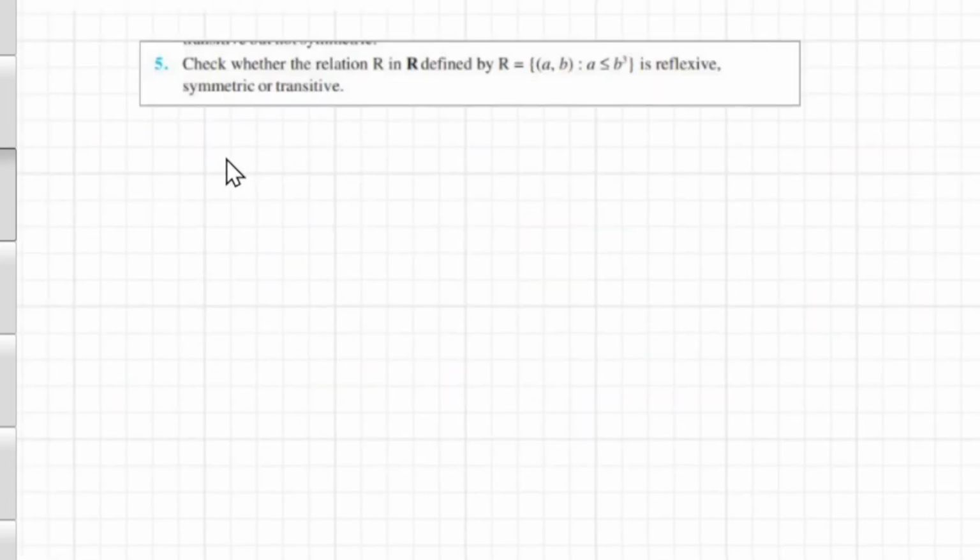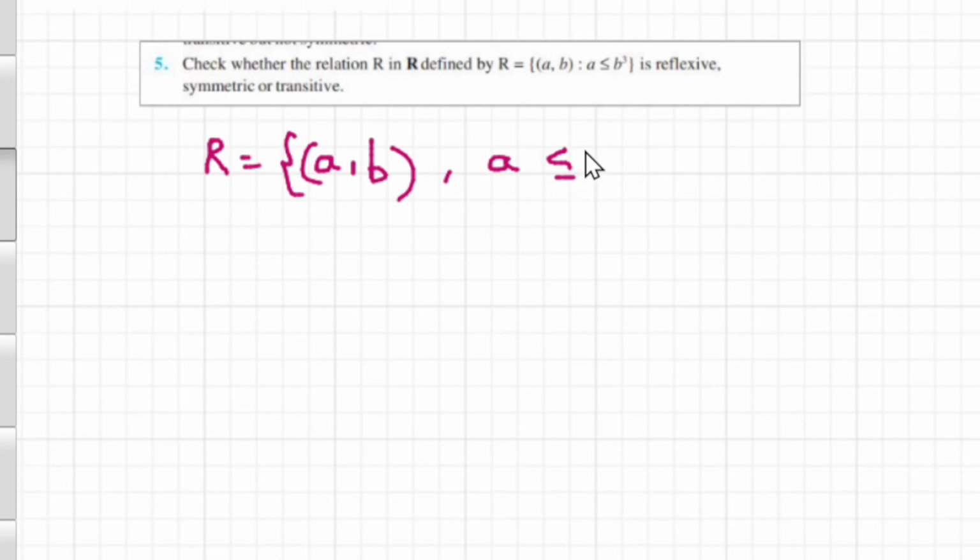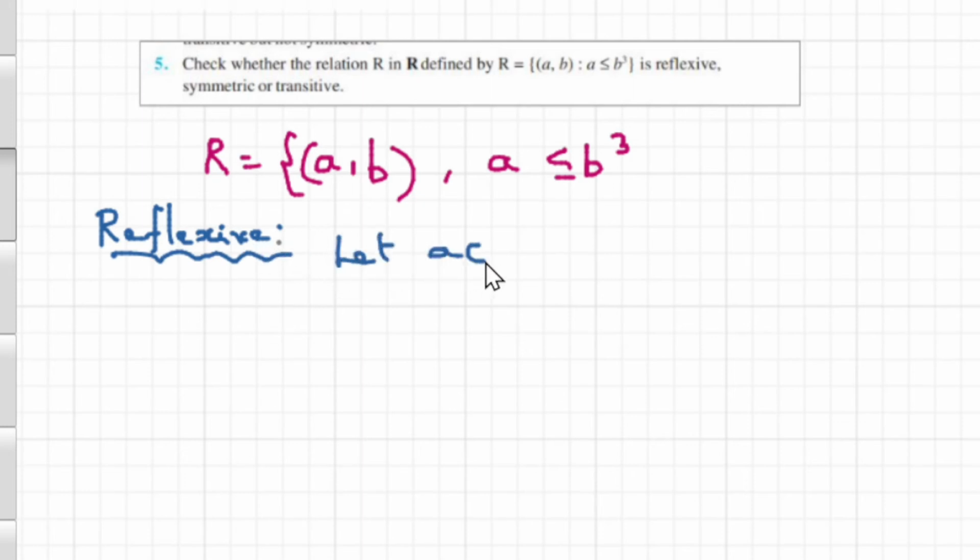Here in this fifth problem, it's given R is (a, b) where a is less than or equal to b cube. Now we are going to check whether it is reflexive, symmetric or transitive. For the first one, we'll have the reflexive condition. In that we have to check for both entries (a, a). So let us take a belongs to R, and we take both a and a.